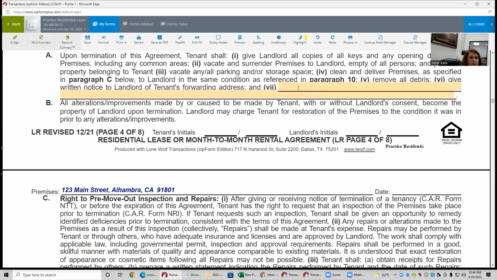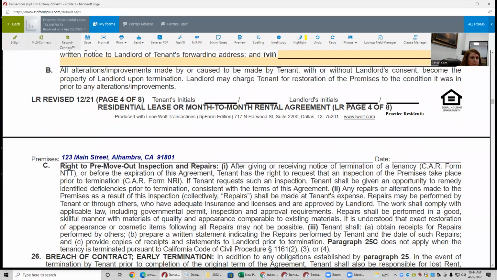If there's any additional items that the landlord would like to note here upon vacating the unit, they can certainly note it. Any alterations or improvements made or caused by the tenant with or without the landlord's consent become the property of the landlord upon termination. So if they installed something on the wall, like a bathroom cabinet, that needs to stay at the property, okay?